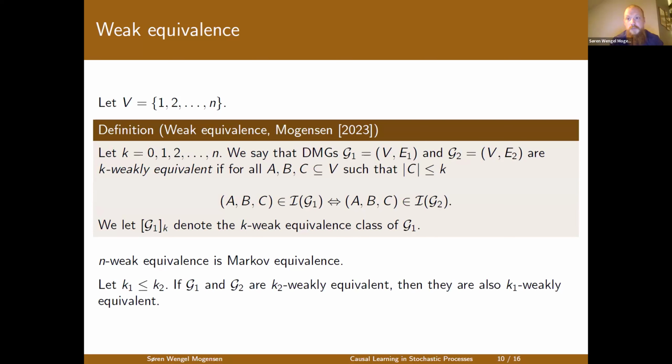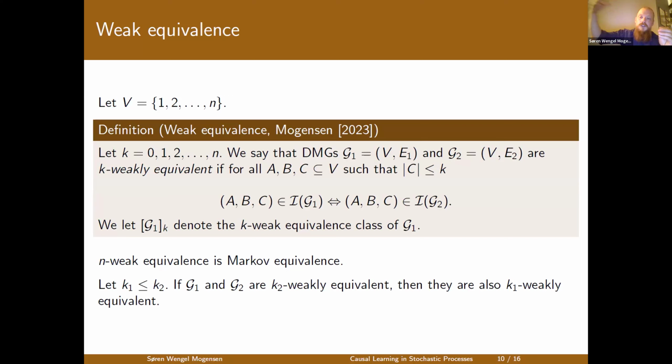And one reason to do so is the fact that when you do statistical tests, if you have a large conditioning set, you don't have any power anyway. So for practical purposes, you need to learn the graph from tests with small conditioning sets anyway. And one more reason, algorithmically, is that when you keep this k fixed, then the graphs may grow in size, right?